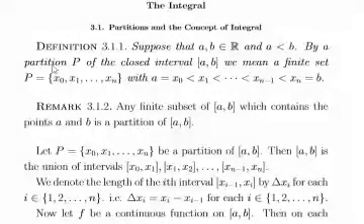Here, look at the definition of a partition. Suppose that A, B are real numbers such that A is smaller than B. A partition P of this closed interval, very important, closed. In this course we are talking about closed intervals and continuous functions over that closed interval. So P is a partition of that closed interval AB, and it is a finite set, not an infinite set.